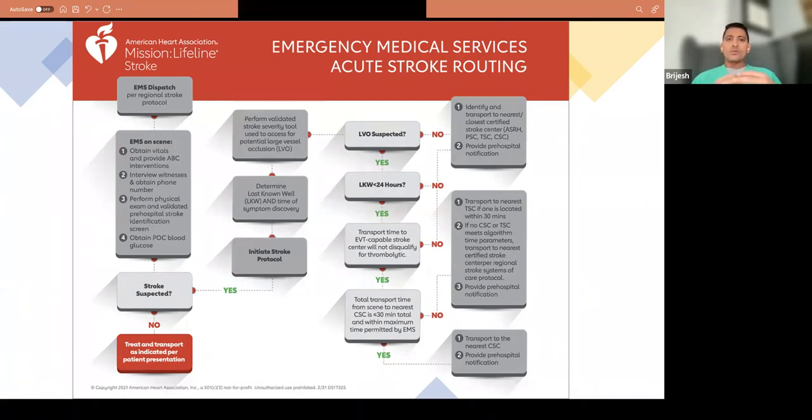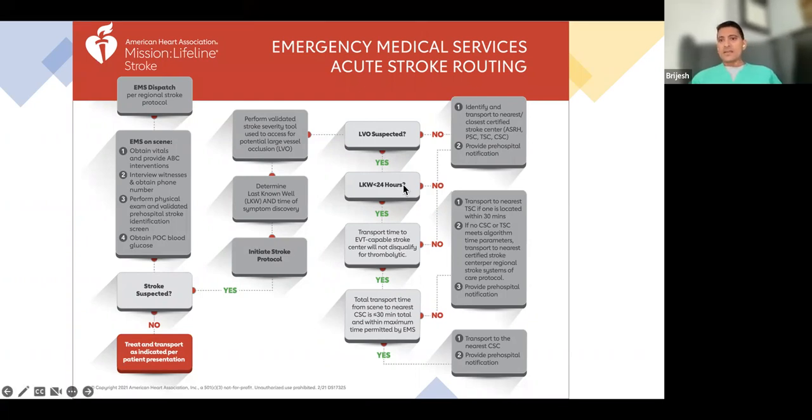But those in rural areas, those in even suburban areas elsewhere in the country, where there's a mix of PSCs, TSCs, CSCs, we've educated paramedics that if it's within 30 minutes from field to a CSC, to bypass a PSC and go straight to a CSC.